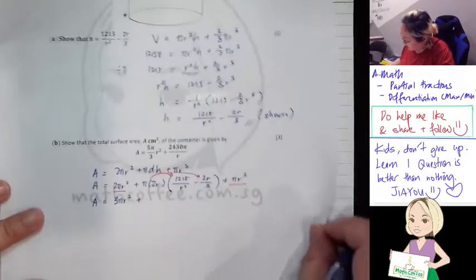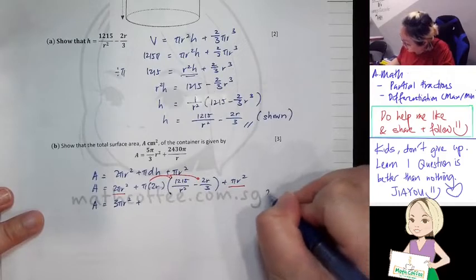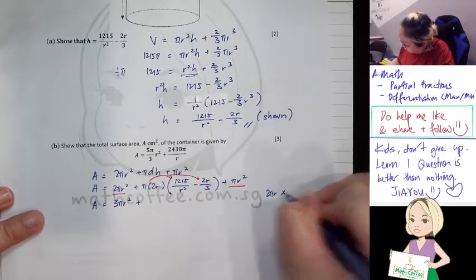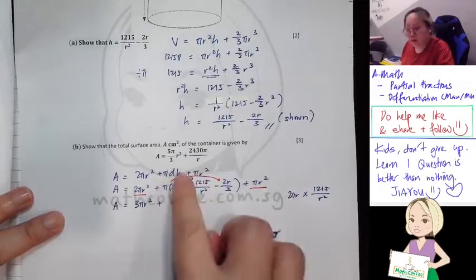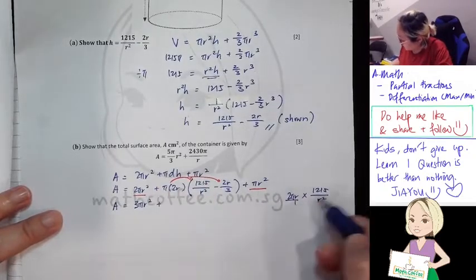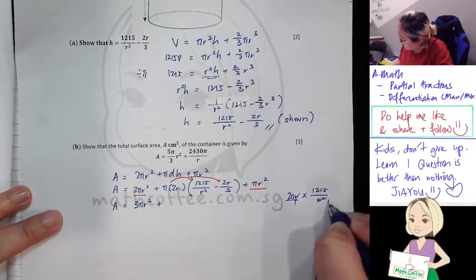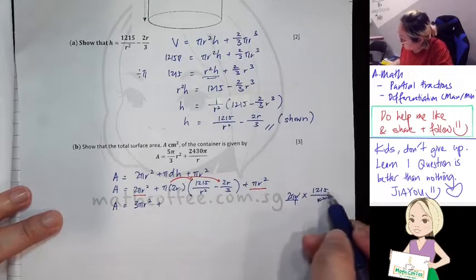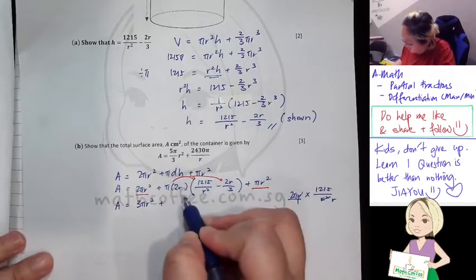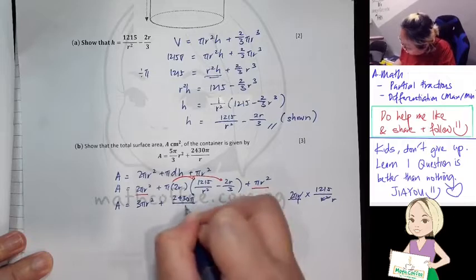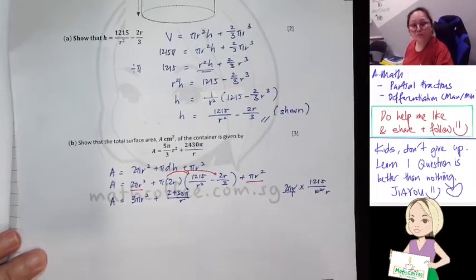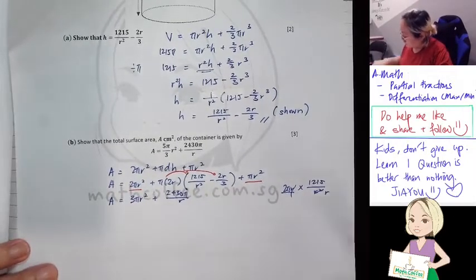I'm going to write at the side in case you all cannot see. So this is actually 2 pi r multiplied by 1215 over r squared, the first one. You can see that I can cancel the r, I am left with only 1 r. So 1215 times 2 pi, so in the end the first term becomes 2430 pi over r.